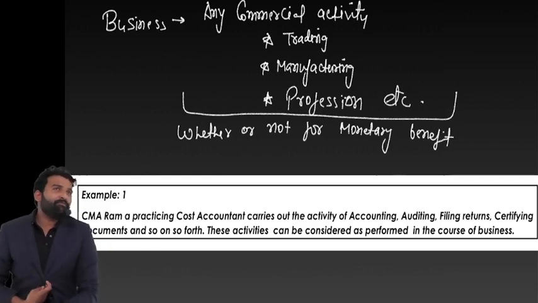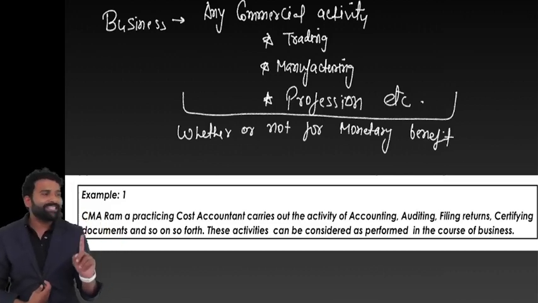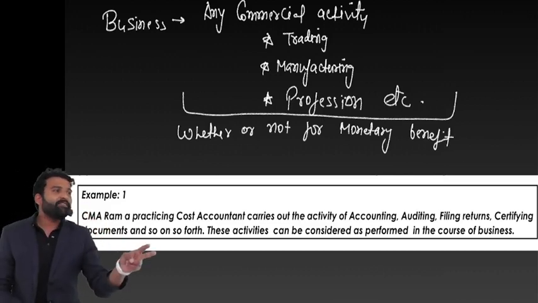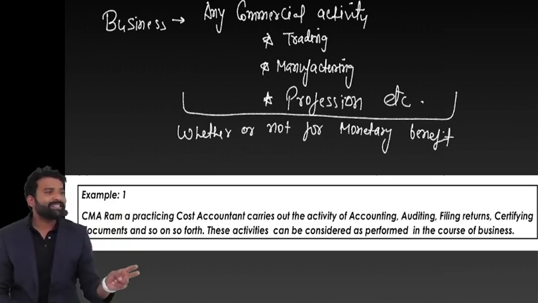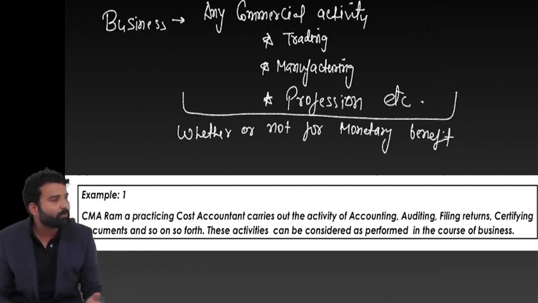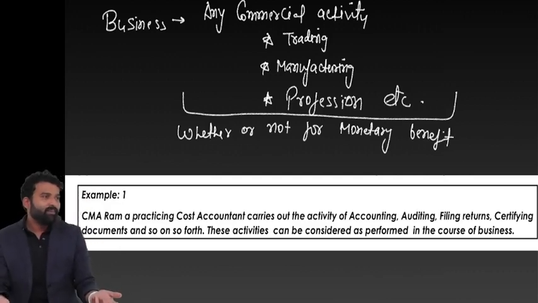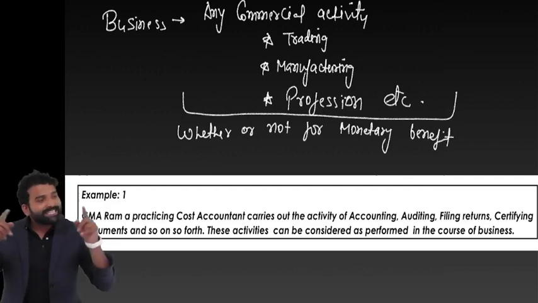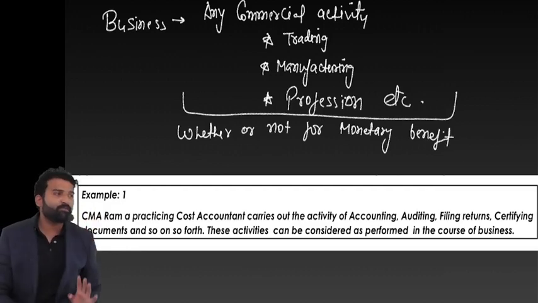If I have 5 branches in 5 states, for the same state I can apply for one GST, but for two different states I have to go for two separate GST numbers. One for Gujarat, one for Maharashtra, one for Madhya Pradesh, one for Rajasthan. For the same state, I can do business in one GST, but for two different states, I have to apply for two different GST numbers.